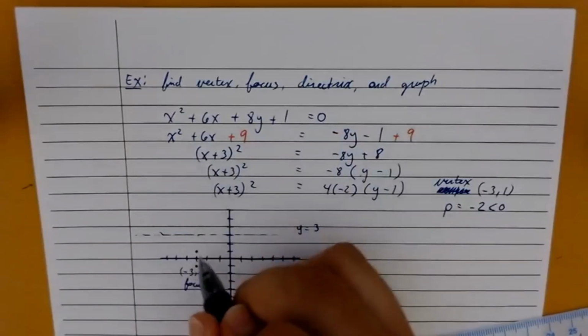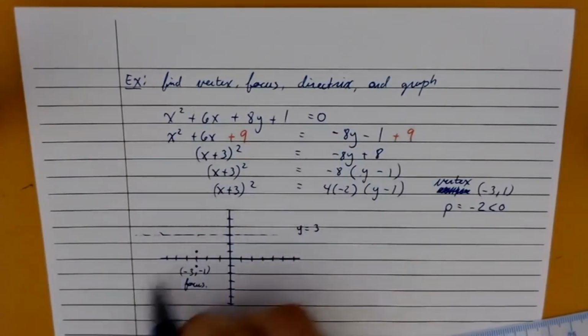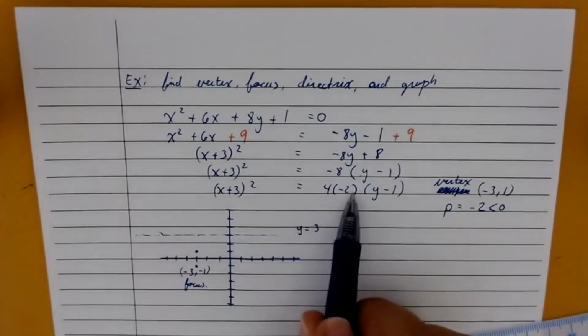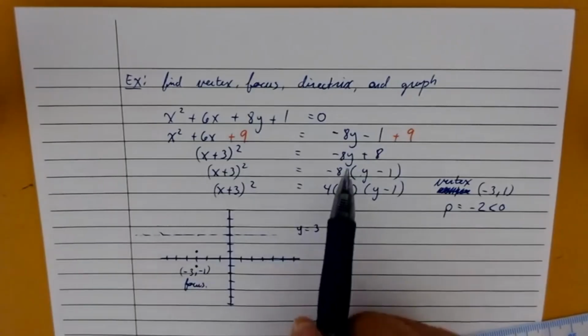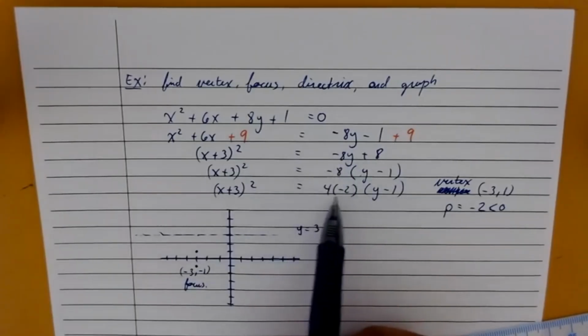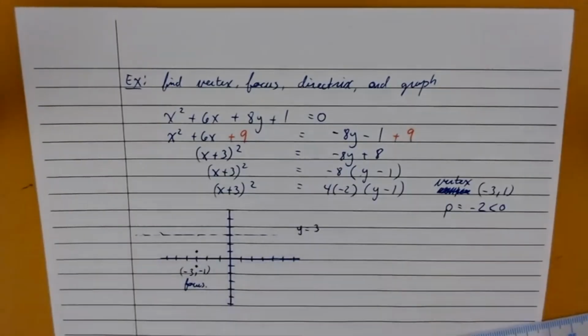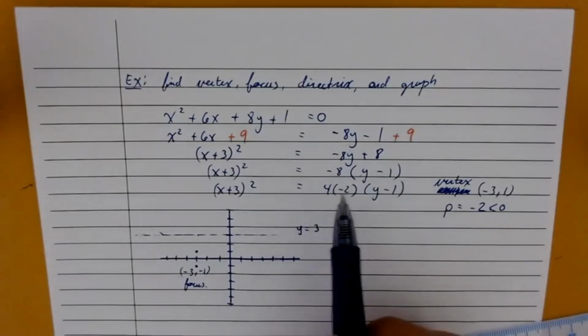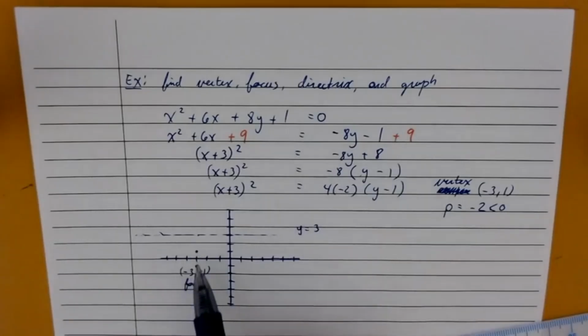And now we simply need to find just how wide this opens up. Here we're going to have 4 times our -2. That was our 4p. So that means we're going to have 8 units all the way across. You might say, well, that's -8, isn't it? Well, yes, but you can't have a negative distance. So here, the negative just tells you which direction your parabola is moving in.